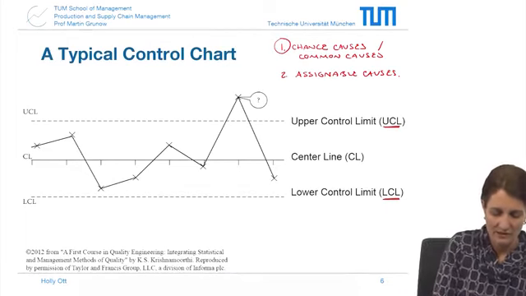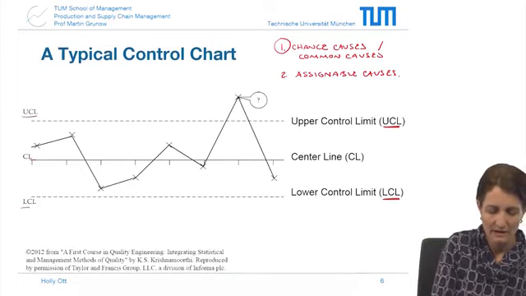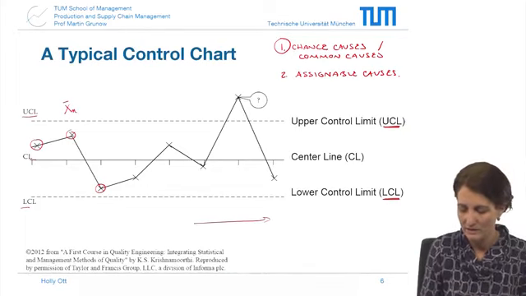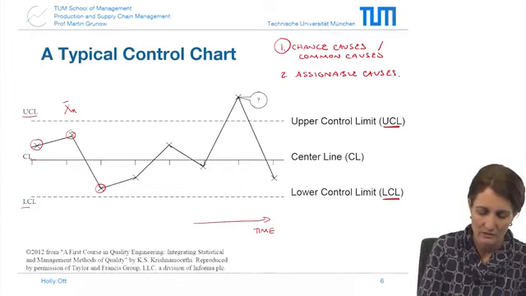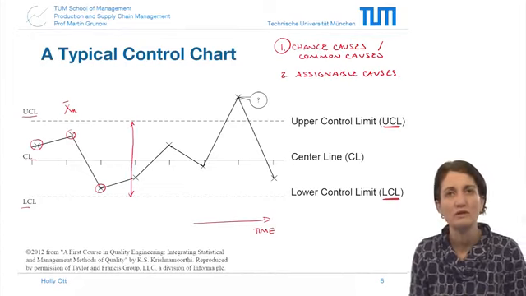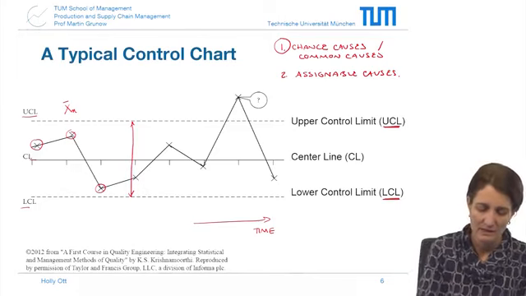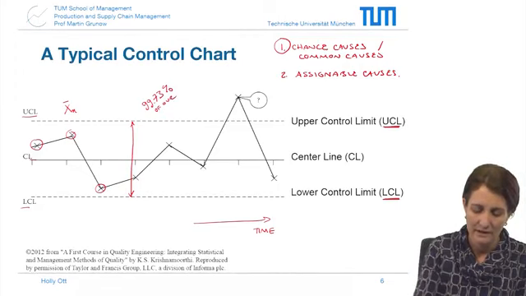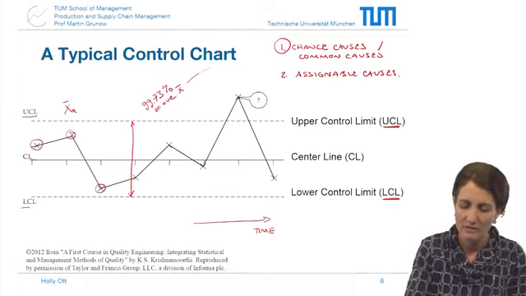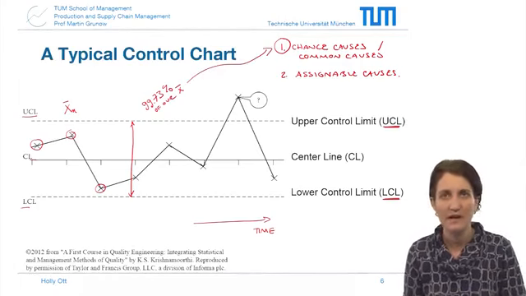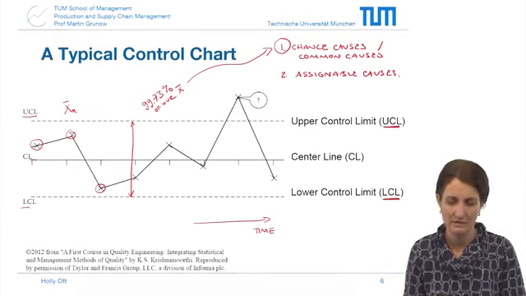So here again we have our picture. We have a center line, upper control limit, lower control limit, and each one of these x values is the average value of a particular sample, plotted, for example, against time. And if these values are constructed according to the 3 sigma rule, this means that 99.73% of our x bar values will fall within those 2 limits. And this should then cover 99.73% of our natural variability, our natural chance causes.